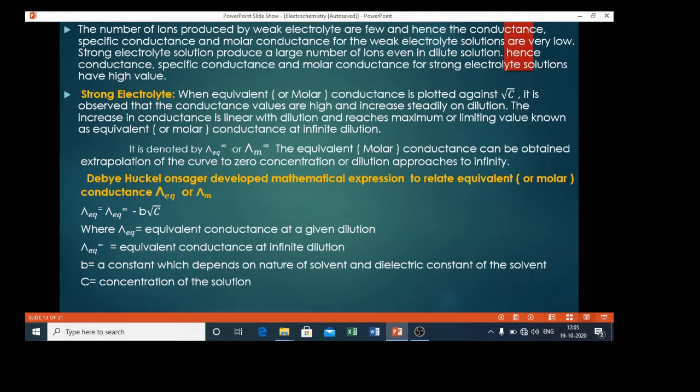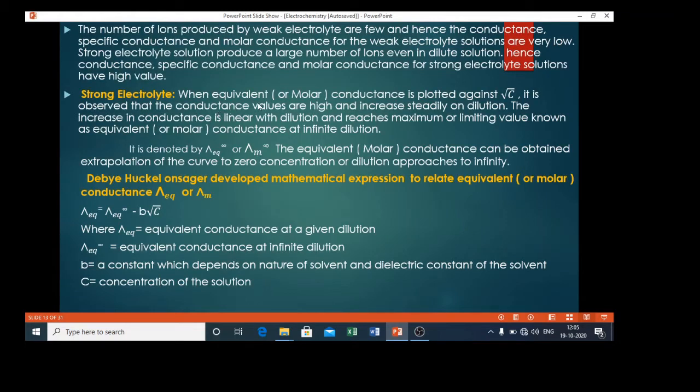Now, the variation of molar conductance and equivalent conductance in the case of strong and weak electrolytes. First, we see the variation in the case of a strong electrolyte.